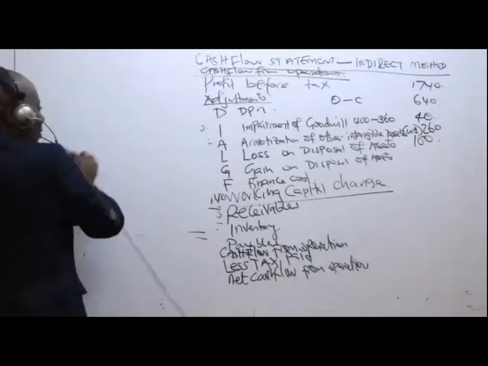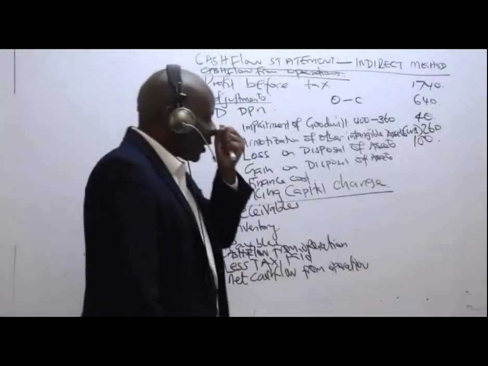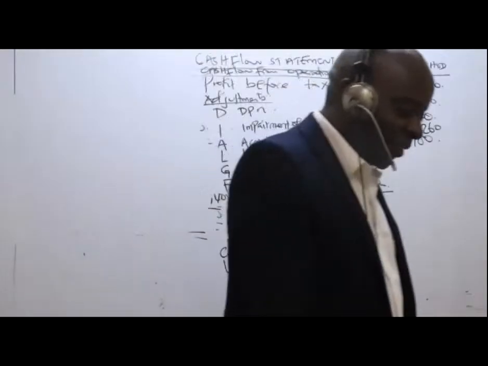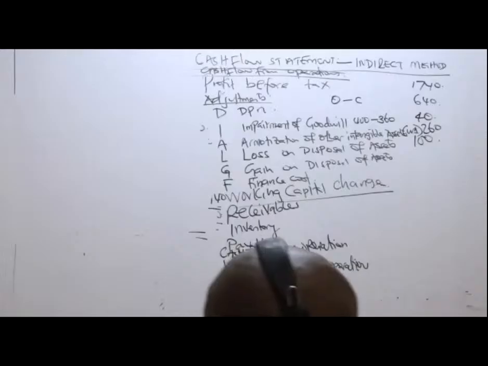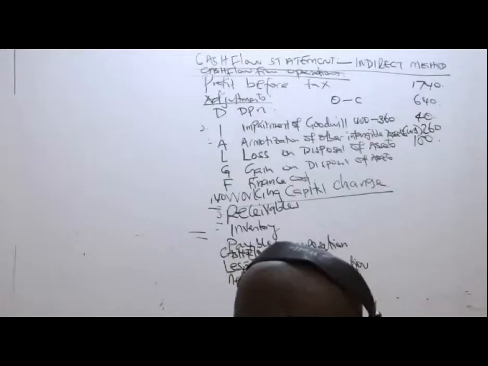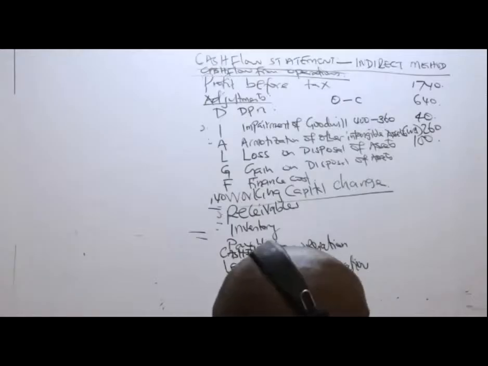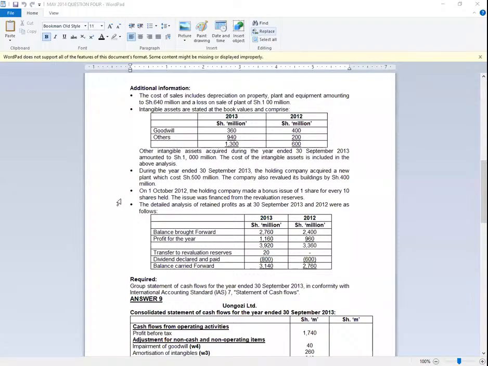Great. Now, ladies and gentlemen, we are moving slowly. From there, what else am I supposed to think about? I can see a loss on disposal of assets that I already have, so chances are I don't have a gain.